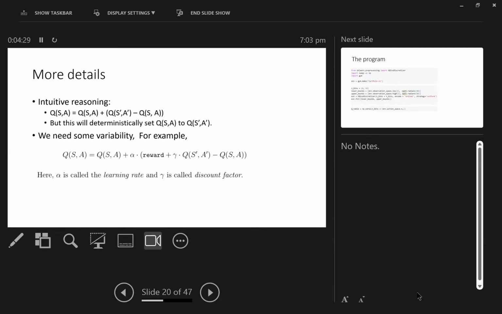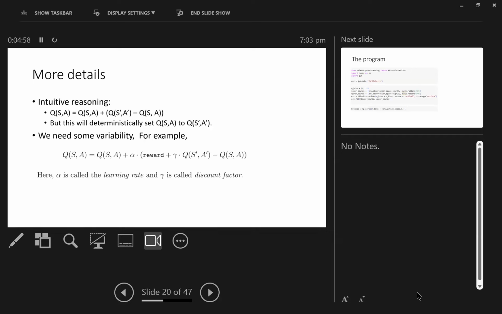So suppose that in state S, following the so-called principle of optimality by Bellman, you use the best action. This is the action taken by the agent. Now we're trying to update the Q value of this S, A entry.